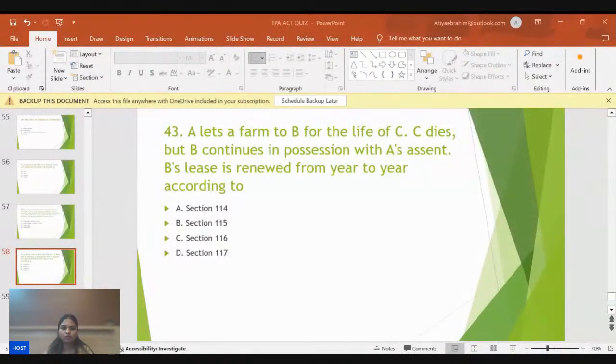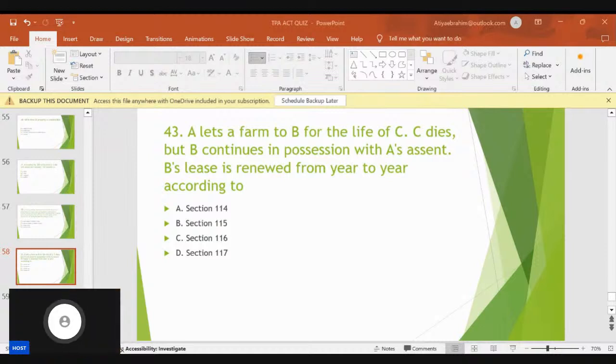Okay, now I think you can see the screen. Right now you can see my screen. Question number 43. Okay, fine. So you all answer this question and tell me under which section this can be done.